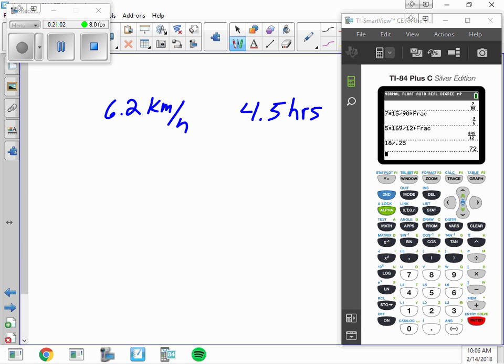Do we need their fancy formula? No. Rate times time equals distance. So it's just going to be 6.2 times 4.5. Yeah, because they're all different. None of them are in the same units. So it will just tell you how many kilometers.